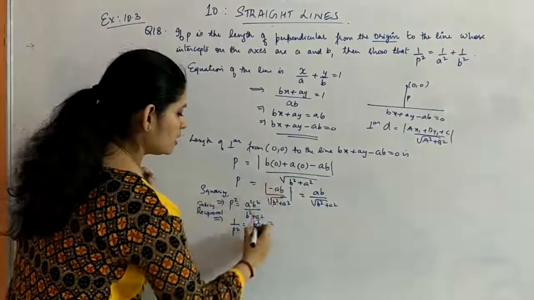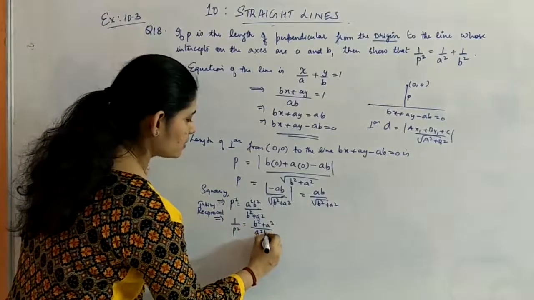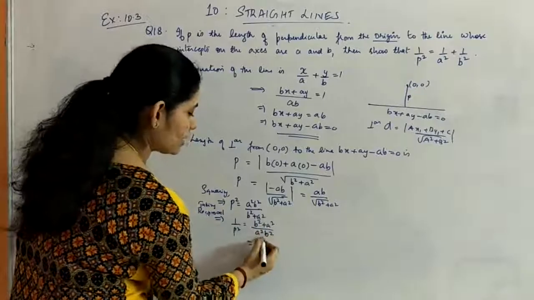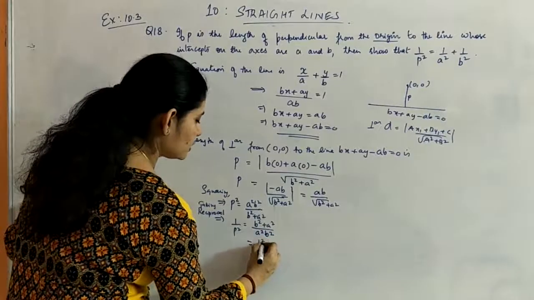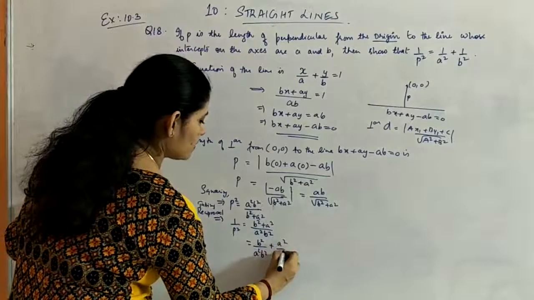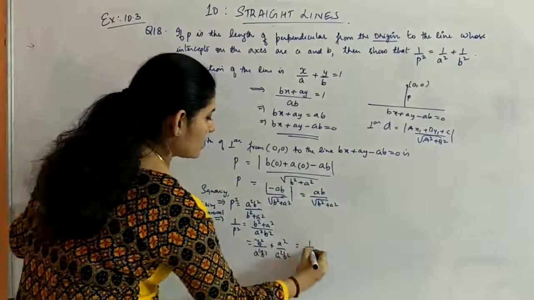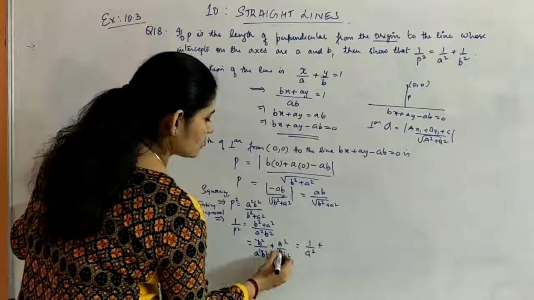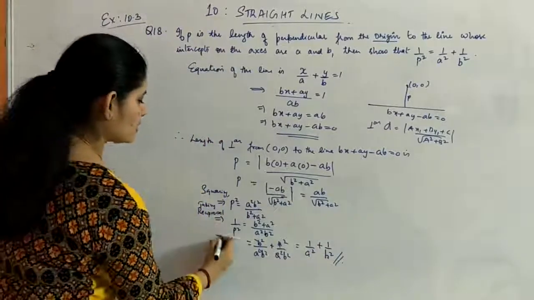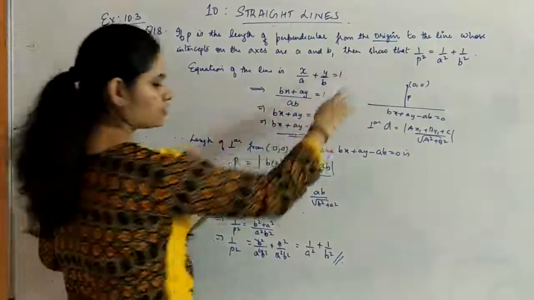This will change its order, the denominator will become the numerator. Now again we are just splitting the two, because the denominator is a product. You can split into two terms, b square by a square b square plus a square by a square b square, which is equal to 1 by a square plus 1 by b square. So you got 1 by P square is equal to 1 by a square plus 1 by b square, which you needed to show. Okay.